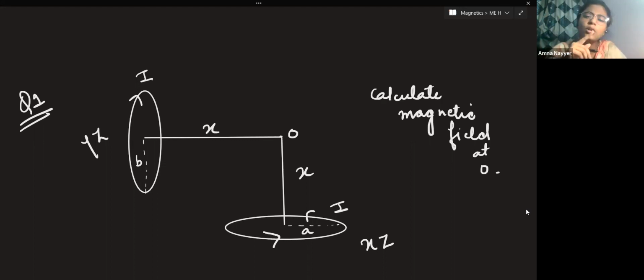Otherwise, the formula is not 2kp divided by r cube; it involves under root r square minus a square. So even if a numerical is given to you, it will be in such a manner that you will be able to solve it with the power of 3, like 8 or 4 will be given. So see, this says what? You have to find the magnetic field at O. This point, you have to find the magnetic field.